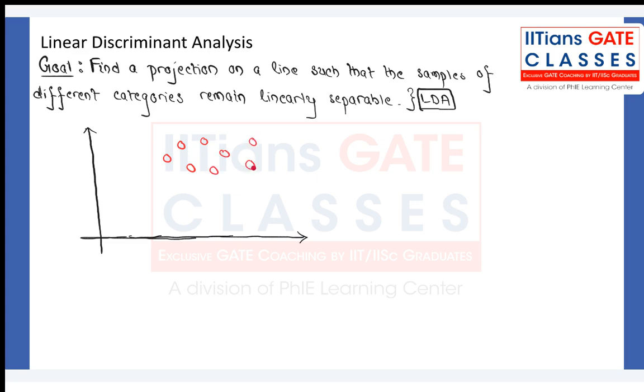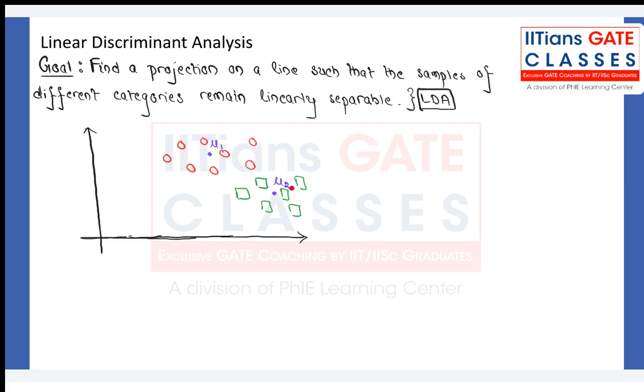And this is the green class. Now this red class has a mean, let's call it mu1, the mean of the data points. And for the green class, it is mu2.